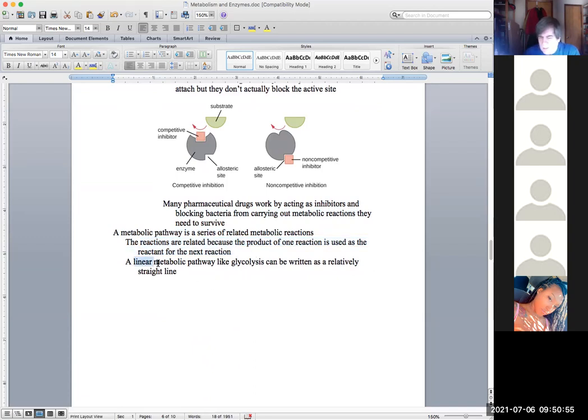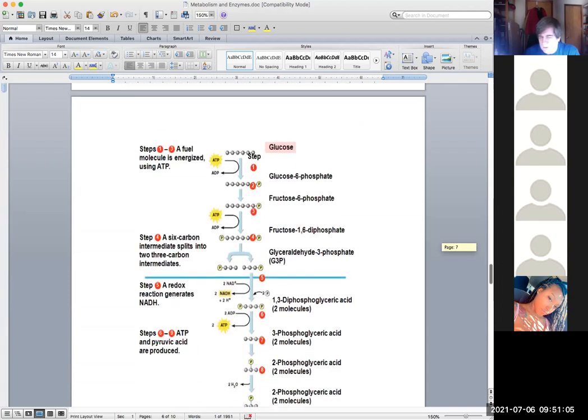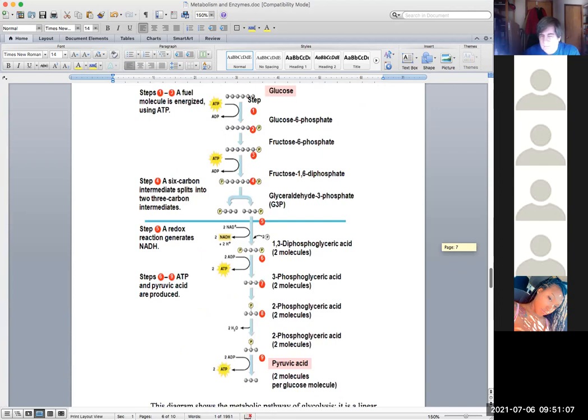So let's think first about a linear metabolic pathway. An example of one that we're going to study will be glycolysis. It's called linear because it can be written in a relatively straight line. So here's a diagram of glycolysis.